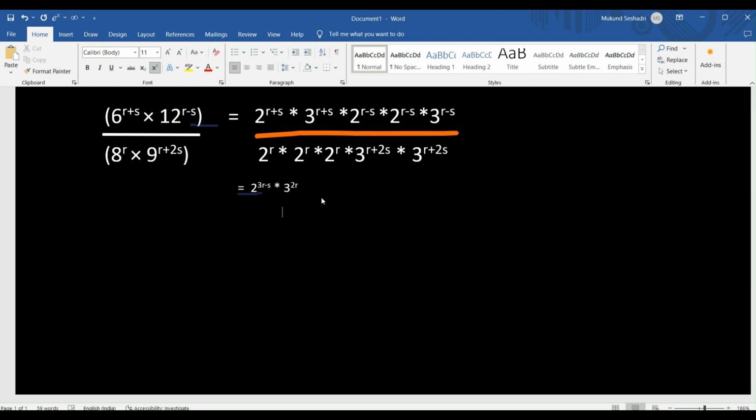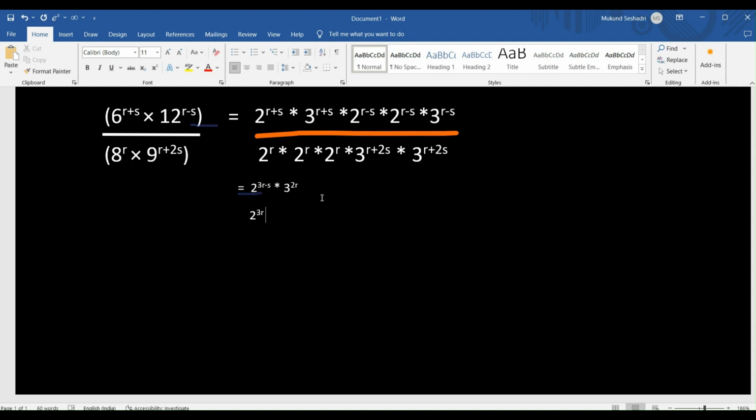Let's go to the denominator and see what we have. In our denominator, we have got 2 to the power r written 3 times. So that makes it 2 to the power 3r, right?